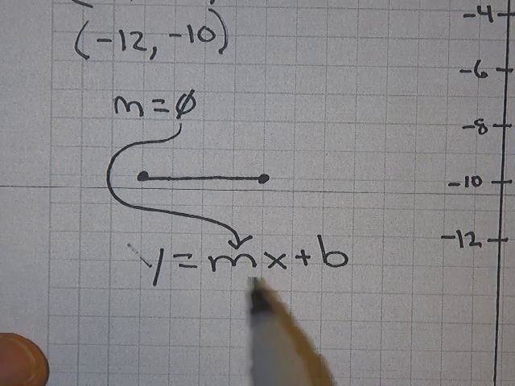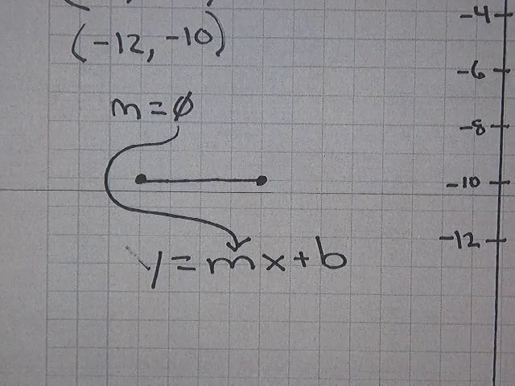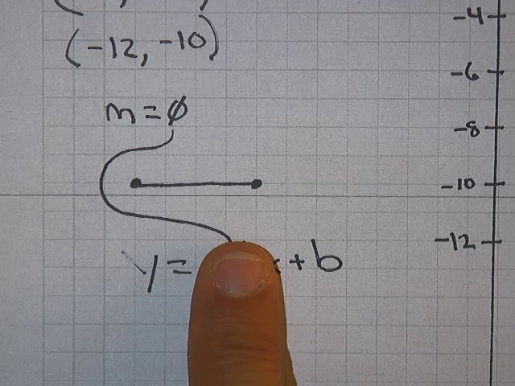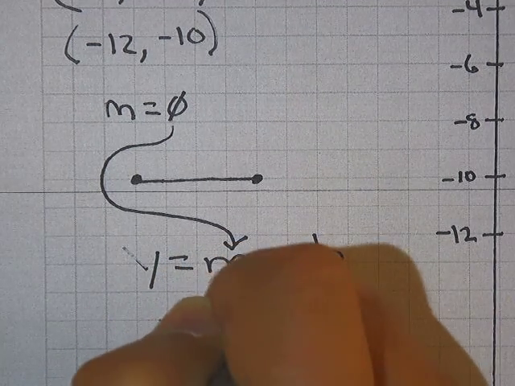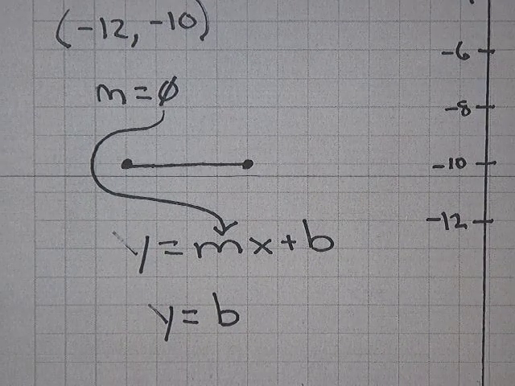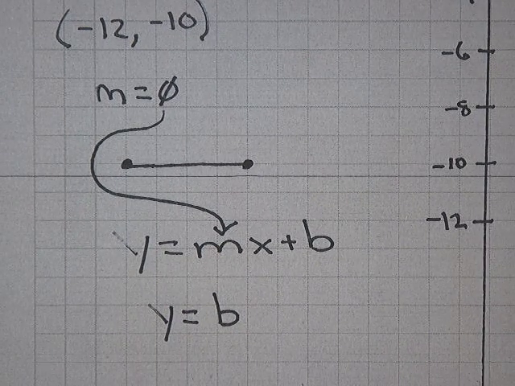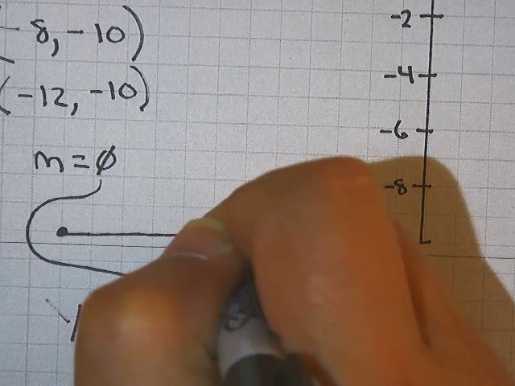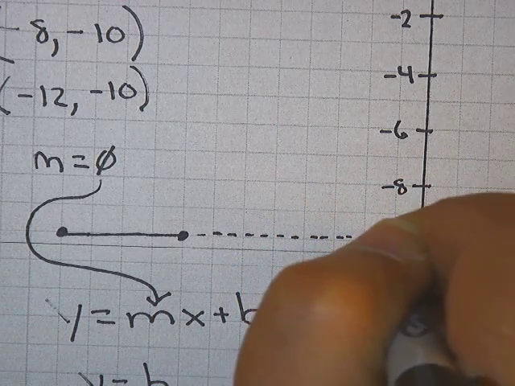If you know the slope is 0, we should use this. Can you write this with me? y equals mx plus b. And I'll show you a real quick way to do these. Because our slope is 0, we would put 0 in for the slope. 0 times x is just going to be 0. It's going to cancel out.